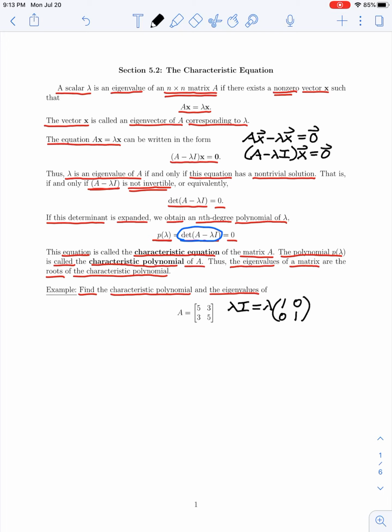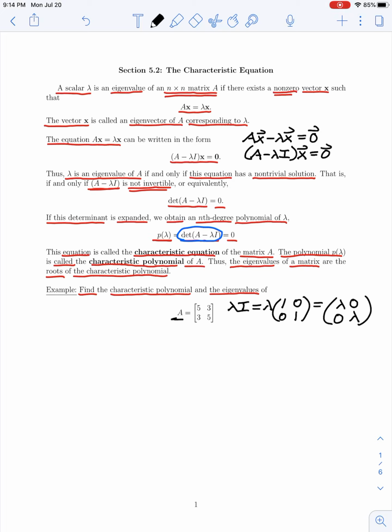That is the matrix which has lambdas on the diagonal and zeros elsewhere. So when we're looking at A minus lambda I, we're taking the matrix A and subtracting lambda just from the diagonal entries. The off-diagonal entries, we're subtracting 0. They're not getting changed.